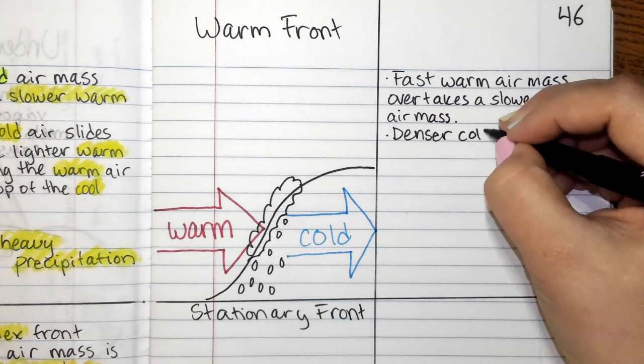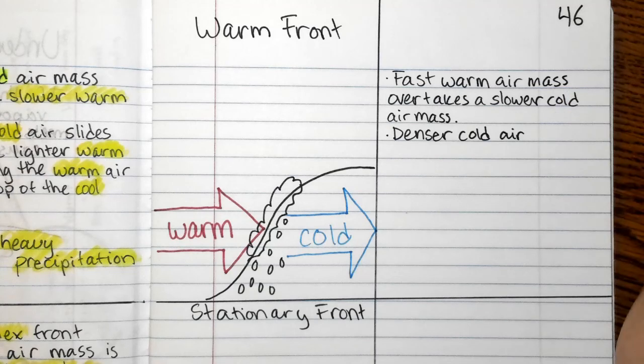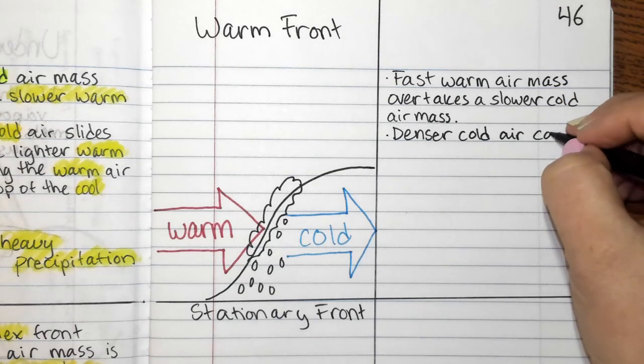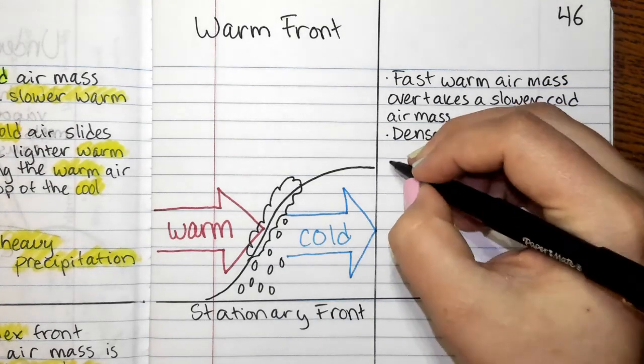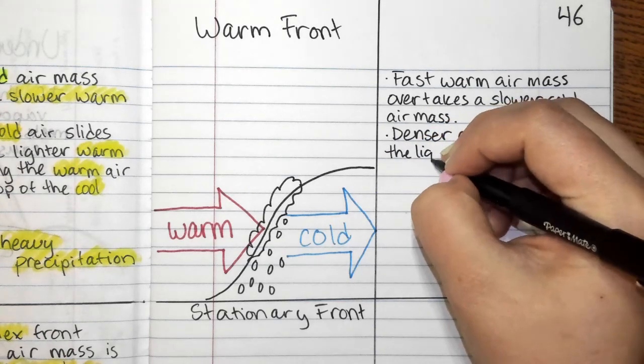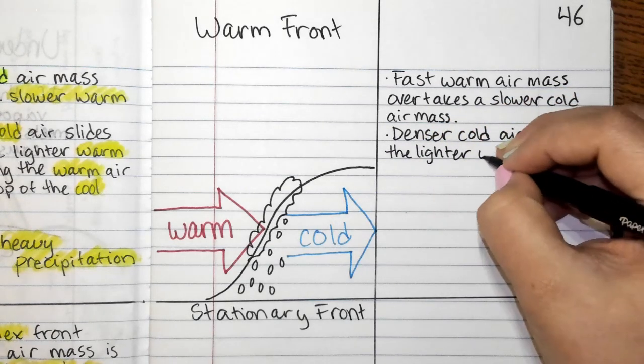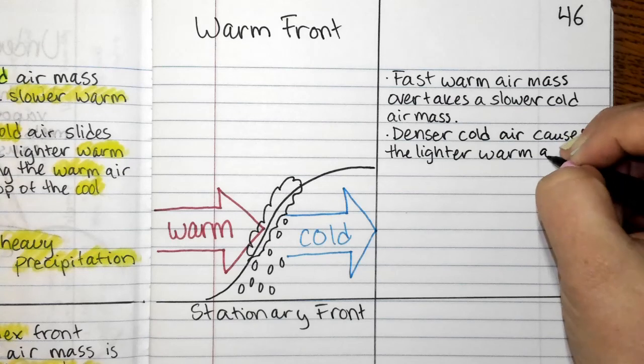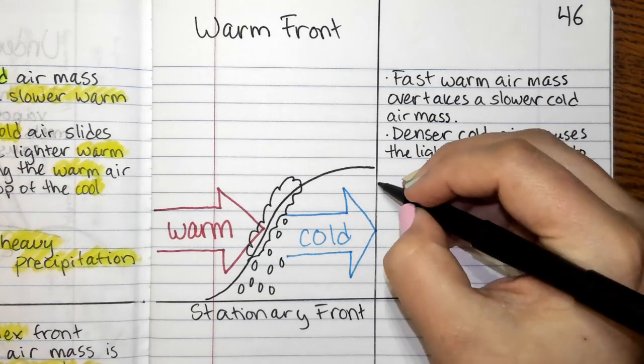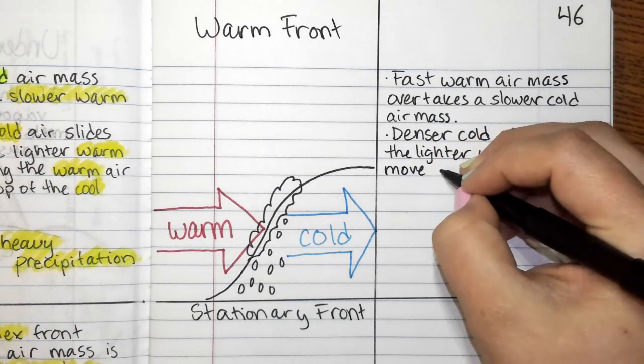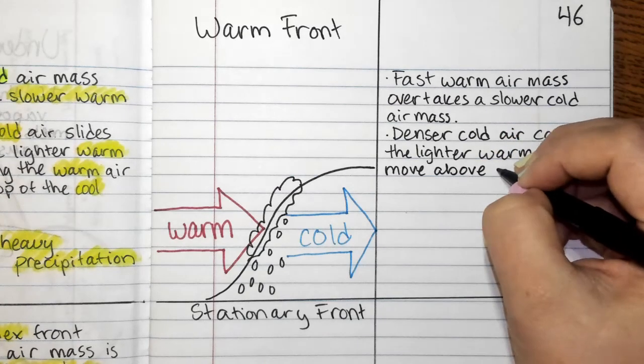That denser cold air, right, causes the lighter warm air to move above it.